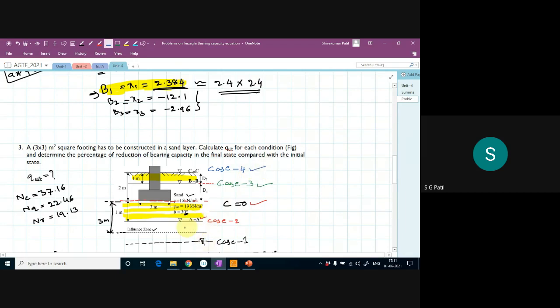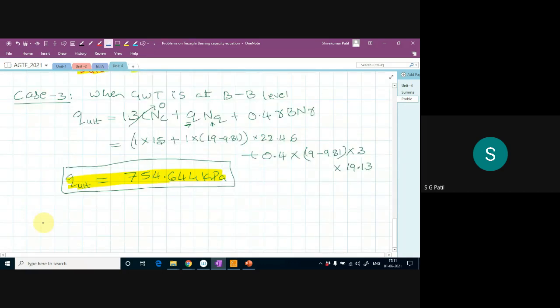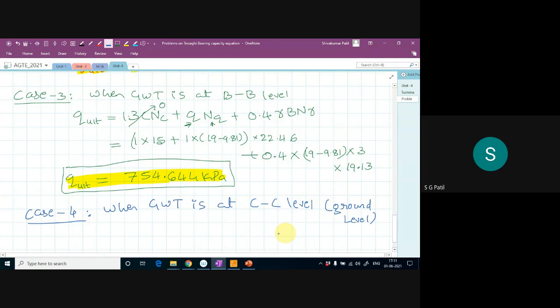Case number 4, that is when the groundwater table is at CC level. That means ground surface or ground level.